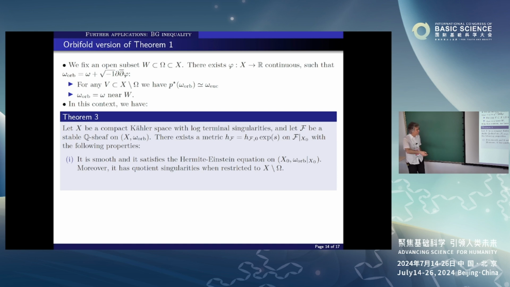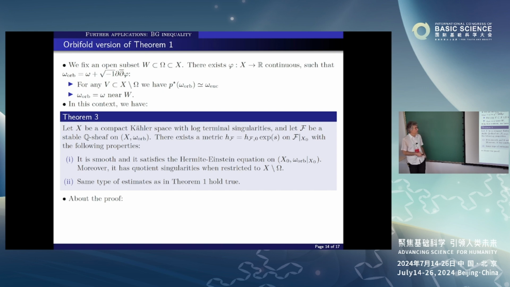It extends smoothly across the singular loci. And then the same type of estimates as in theorem 1 hold true. Okay, so yes, the additional information is here, right? In the complement of omega, we get a nice Hermitian metric, which has orbifold singularity, so to speak. And then we have the same type of estimates.